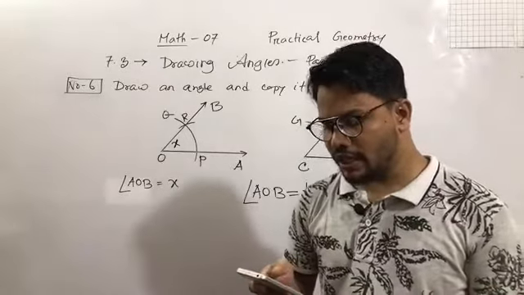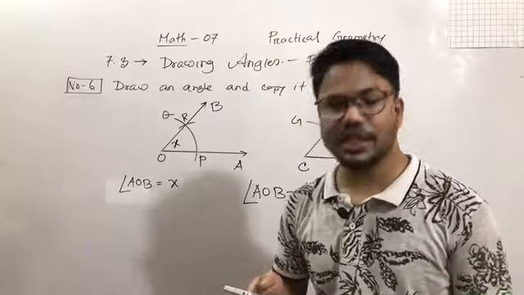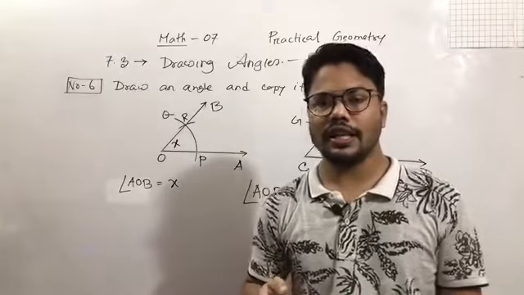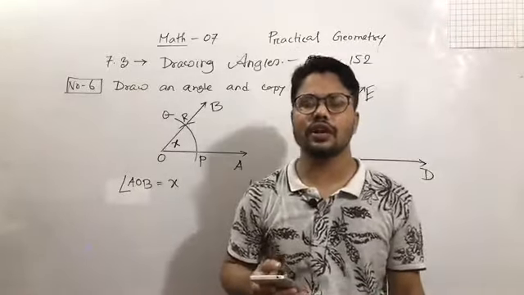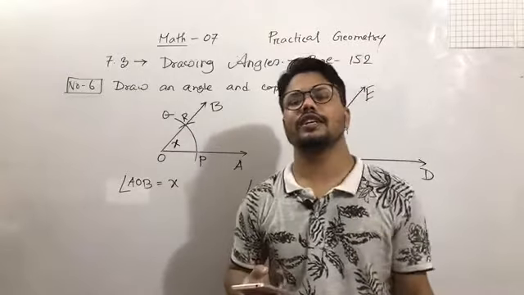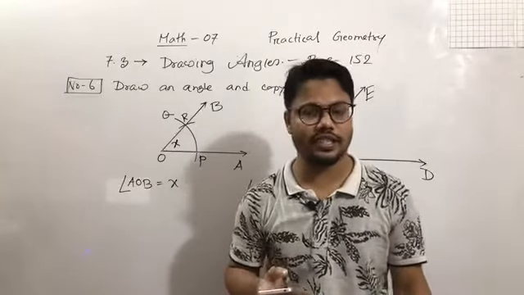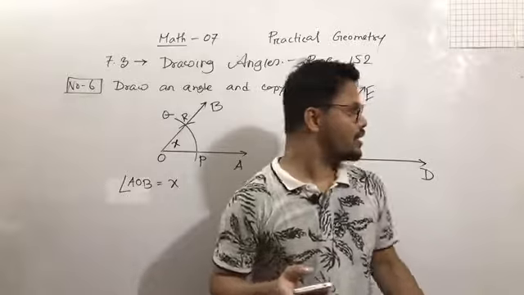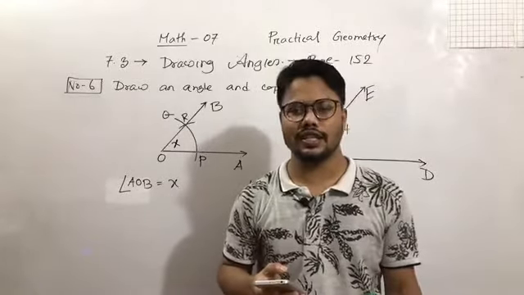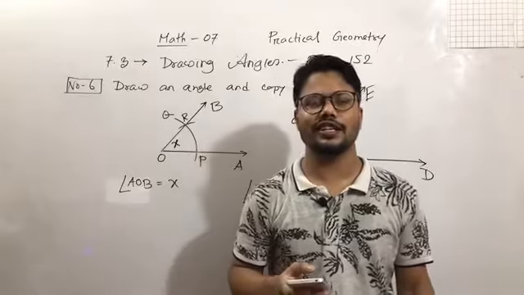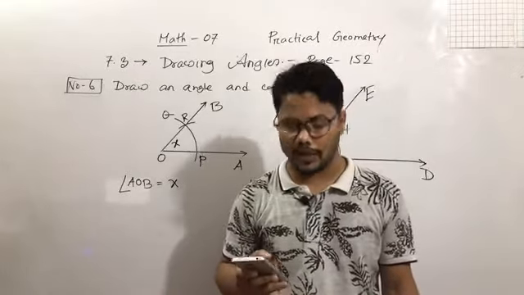Chapter 7 is connected with chapter 6. In the last class I gave you homework: draw a square with each side length 6 centimeter. In this case you have to know how to draw a 90-degree angle, because without a 90-degree angle you cannot draw a proper square.